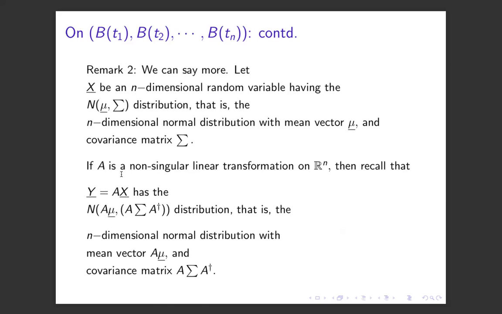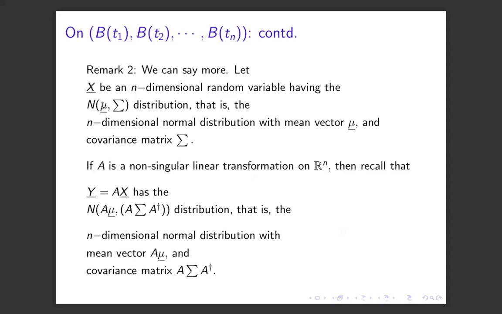And if A is a non-singular linear transformation on Rn, then you would have seen in your probability or statistics courses that the non-singular matrix A applied to X bar, which is again a vector, an n-dimensional random variable, again has an n-dimensional normal distribution.